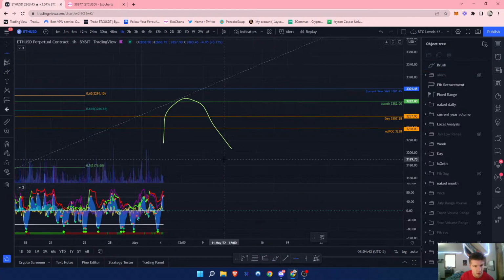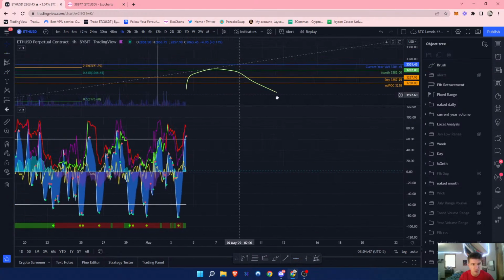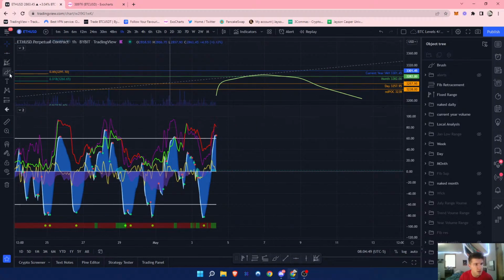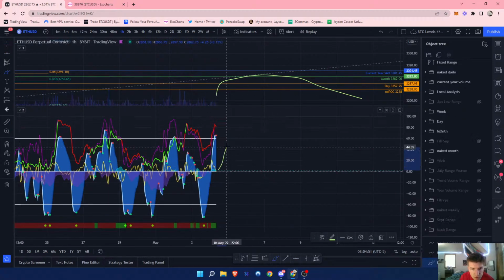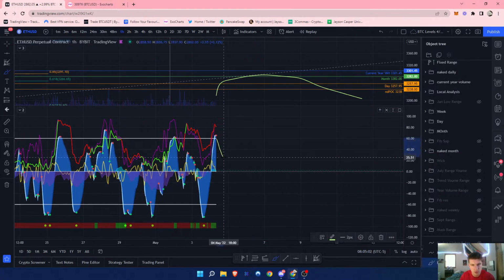And really just looking at Market Cipher B. Could get another move up and then like that, or we just kind of reset here and then get another trigger wave up, and then that will be a nice divergence.